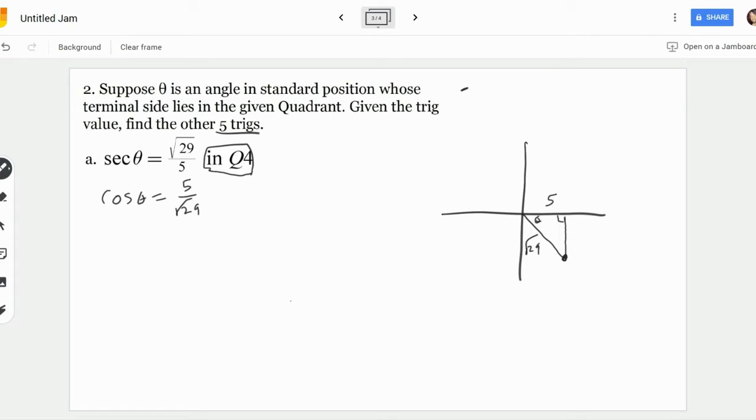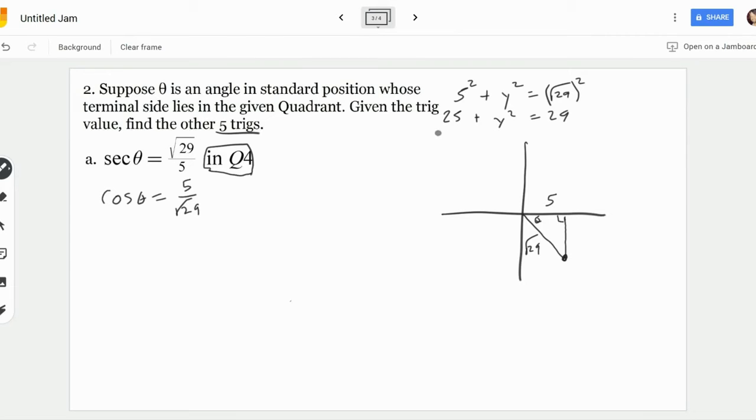So up here I'm going to say this is 5 squared. I'll call the missing side y because it's in the y direction. It doesn't matter what you call it. This is square root of 29 and then squared. This is nice because the square root and the square cancel each other out. We get 29. This would be 25 plus y squared.